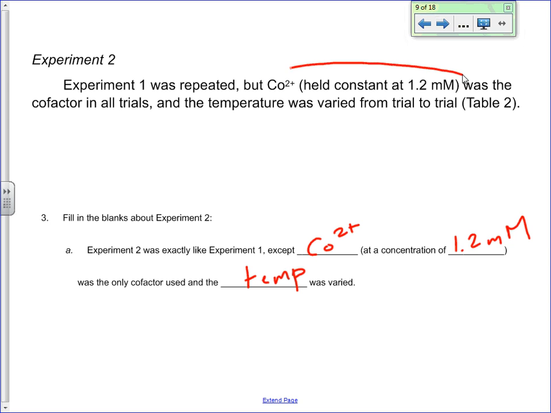Good. The 1.2 millimolars of cobalt was the same through the whole experiment. What else was the same in experiment 2? If experiment 1 was repeated, the trials and the 1.2. Yeah, good. The 1.2 millimolar cobalt. What else was the same?